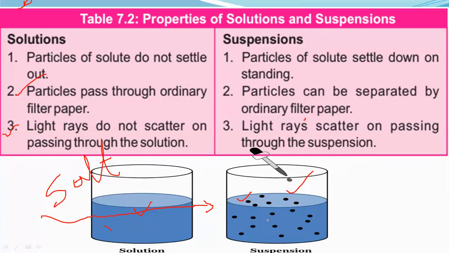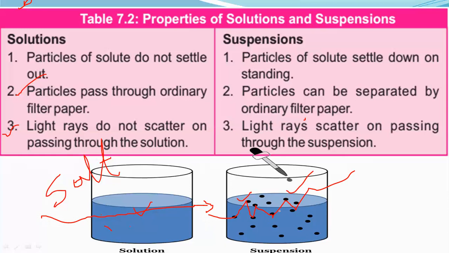But what happens in a suspension? When light passes through a suspension, for example sand, because the particles are bigger, light strikes a particle and then moves to the other side like a refraction, then strikes another particle, and again another. Because the particles are bigger, the light rays spread all around.